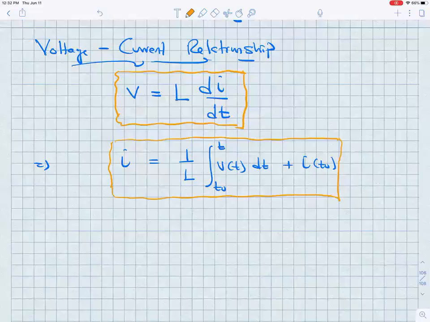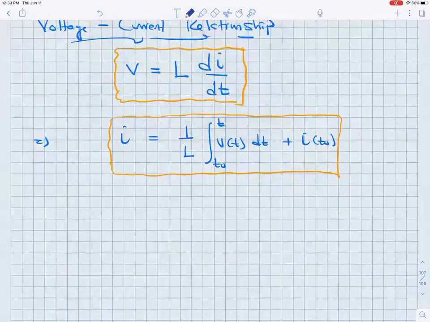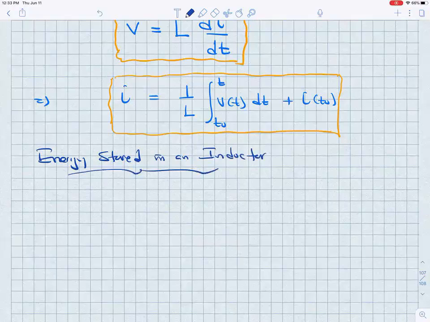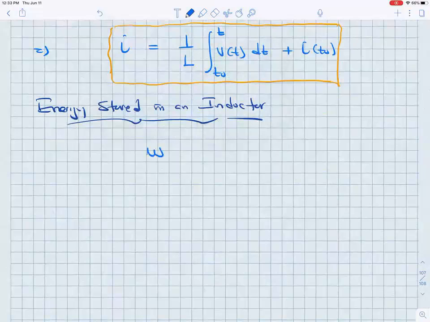What's the energy stored by an inductor? I'm not going to derive this one here. For the capacitor, we derived it. The energy stored in an inductor is very similar to the capacitor: it is equal to half L I squared, where I is the current.